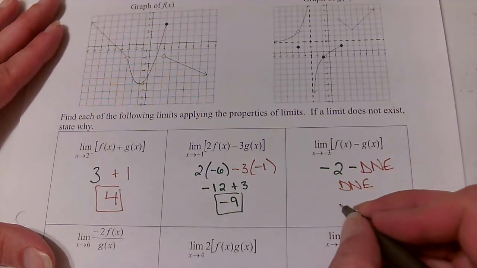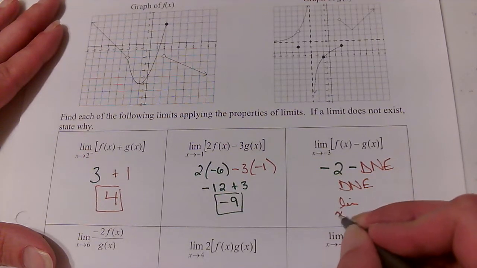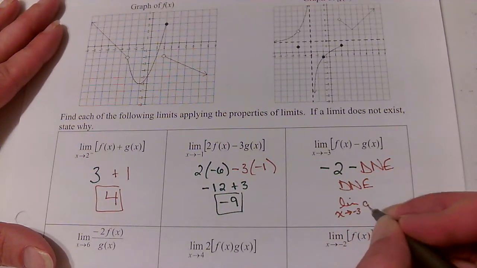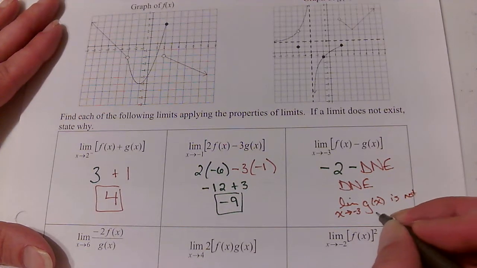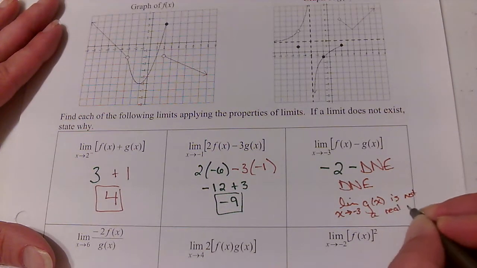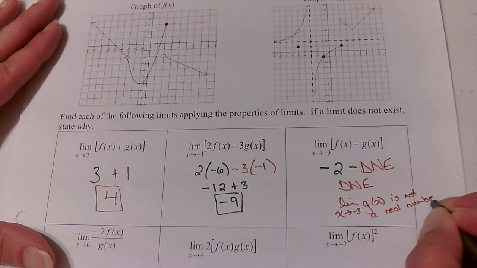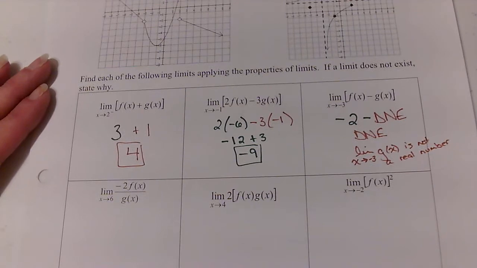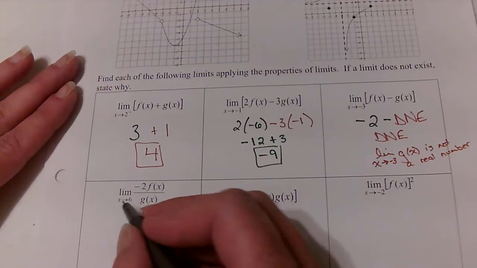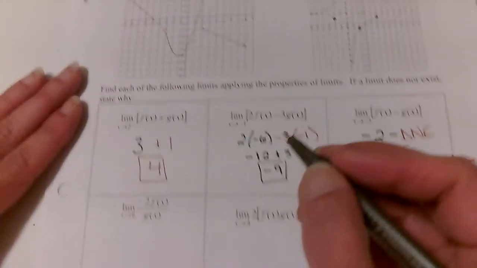Why? Well, because the limit as x approaches -3 of g of x is not a real number. I can't subtract a does not exist from a real number. That's silly.